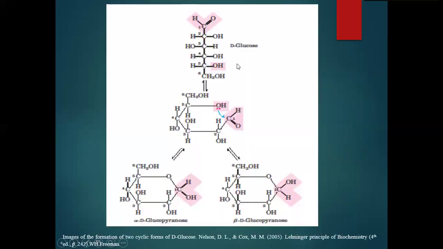Now this is D-glucose, and in solution it forms a ring structure, and the carbonyl carbon here interacts with the hydroxy group here to form a complete ring structure. And then it forms either an alpha-D-glucopyranose or a beta-D-glucopyranose.